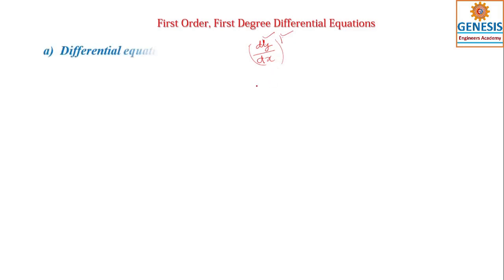Differential equations with variable separable means x terms and dx, y terms and dy. That is called variable separable.